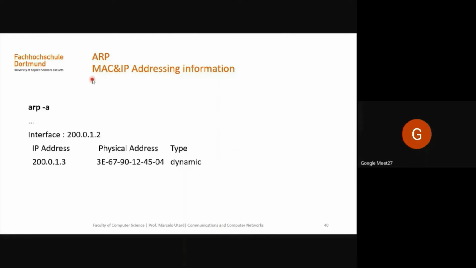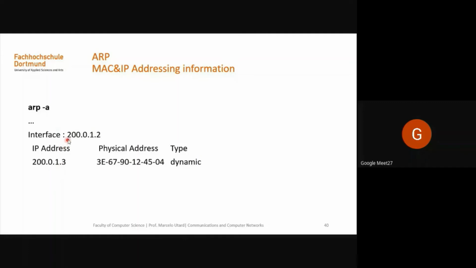Once the ARP exchange of the request and reply is performed, for instance, in the node B, we could type this command ARP -A, and we will see that this host has obtained information of the associated MAC address to this IP address.